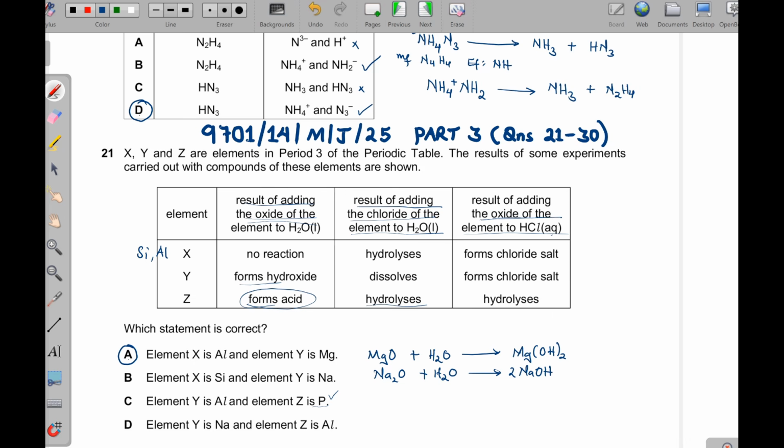That one is also okay, or we get HCl even produced from there. And then result of adding the HCl to acid, and then it hydrolyzes. No, that one is wrong. So Z then cannot be P. Of course, Z cannot be aluminium. So our answer is that A.